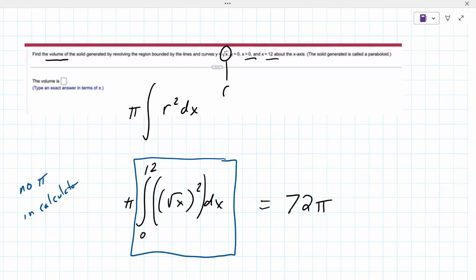If you put in the pi, it'll even tell you exact answer in terms of pi. So that is your answer right there.